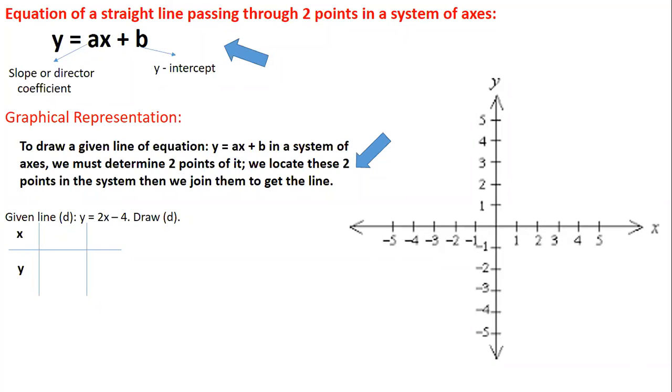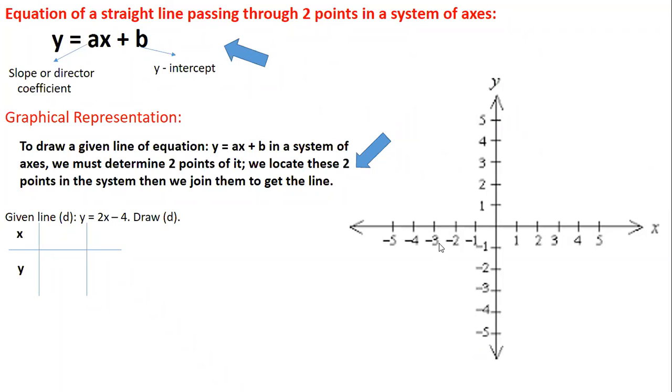Can you please read the general equation of a straight line in a system of axes? Y equals ax plus b. What's a? Slope or director coefficient. What's b? The y-intercept.